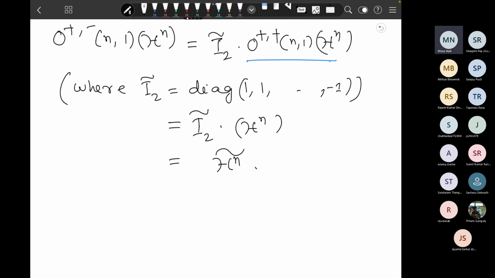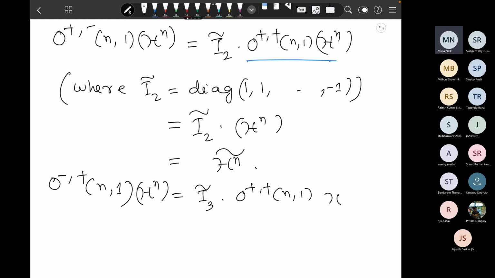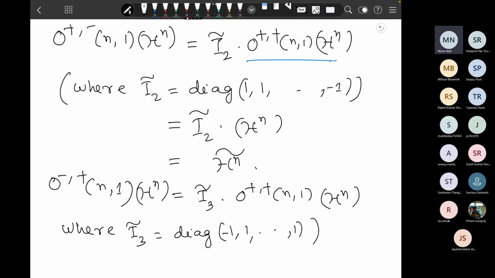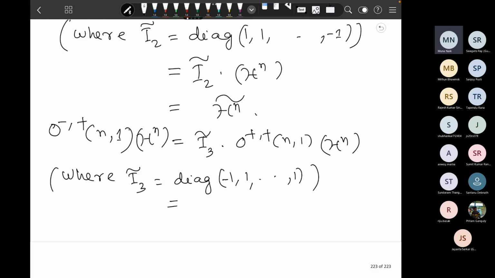Similarly, O^{-+}(n,1) acting on H^n is equal to something like I_3 tilde times O^{++}(n,1) times H^n, where this I_3 tilde is equal to the diagonal of minus 1, 1, ..., 1, the first one will be minus 1 and the rest are 1. But I_3 tilde acting on O^{++}(n,1) times H^n is really H^n, and I_3 tilde of H^n is again H^n.